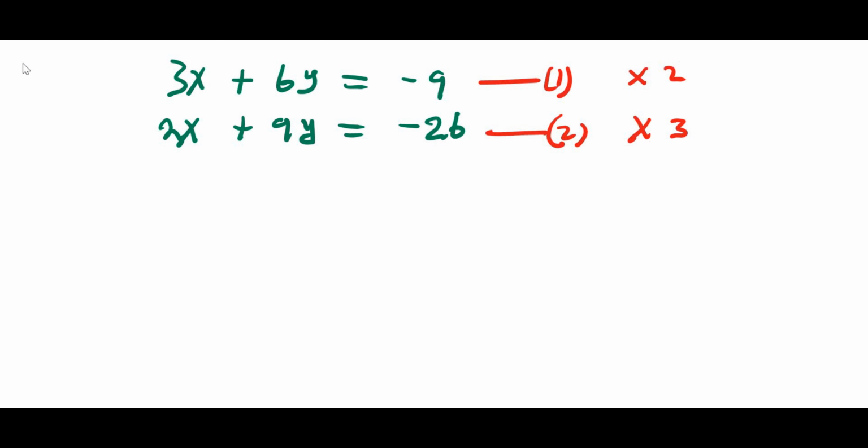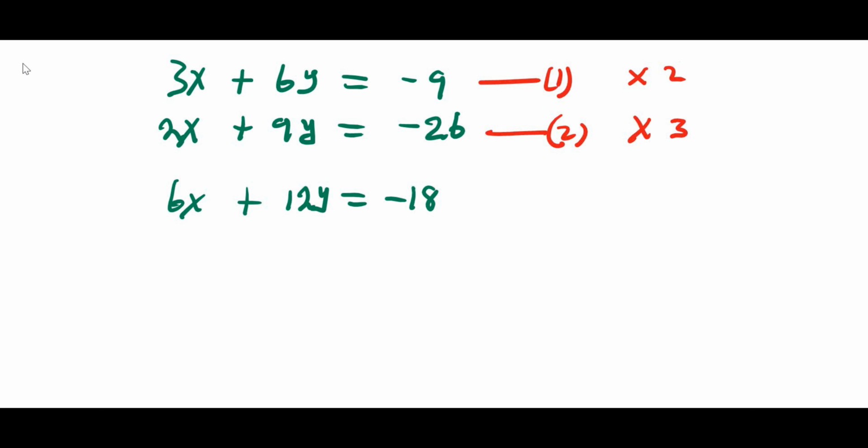So 2 times 3x would give us 6x, and 2 times 6y will give us 12y equals to 2 times -9 will give us -18. And we can now multiply equation 2 by 3.